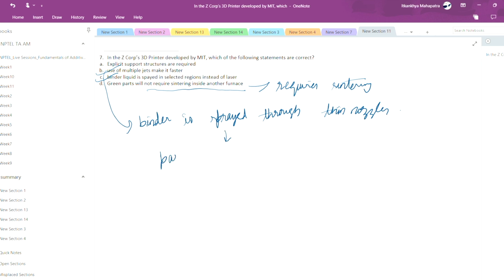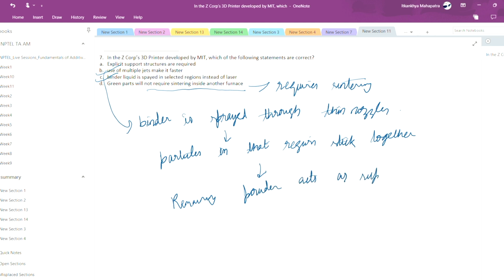Particles in the region stick together and remaining powder acts as support. Okay, so this is the reason these are the correct statements: Option B and C. Next question.